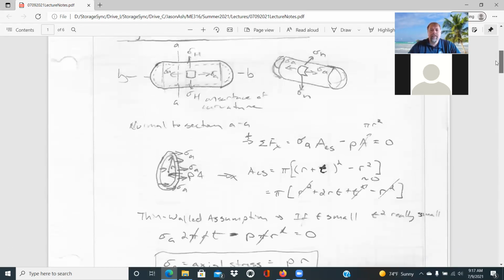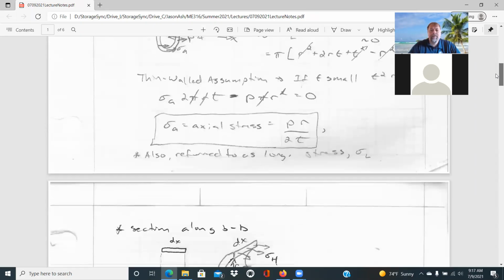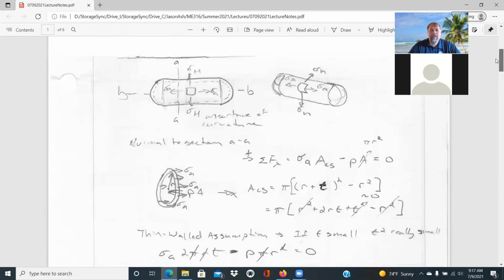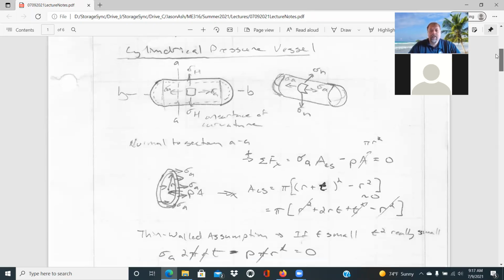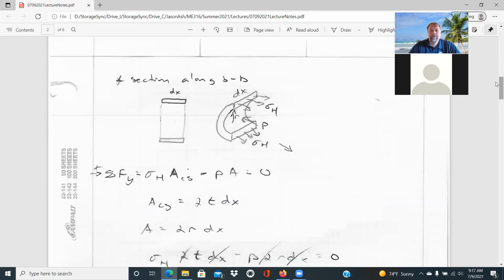Now the next thing is if we section it along BB and look at just a differential element cut from that, of length dx. And again, we're just cutting through a section of it, so we're looking in the other hoop direction.